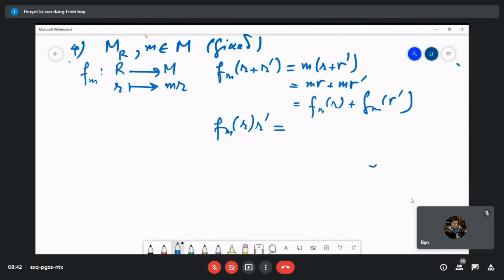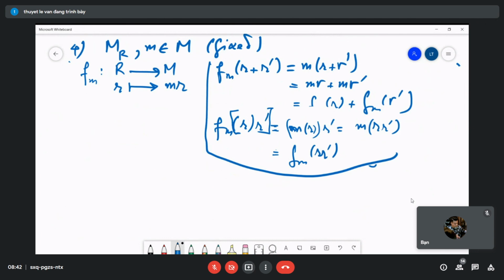That is equal to M R and M R prime, and that is equal to F_m(R) plus F_m(R prime). Okay, so it is homomorphic, because I can check here.